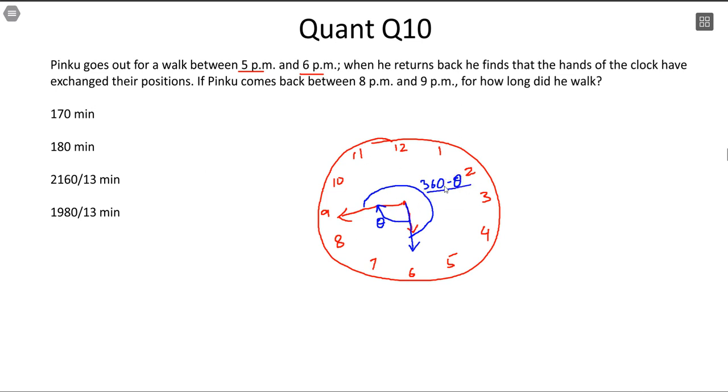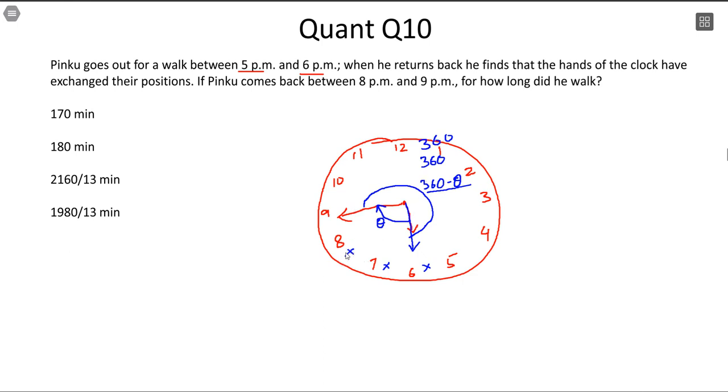But see, this is not the precise distance traveled by the minute hand, because it would complete one round, 360. It would complete another round. See, from 5 to 6, in this, wherever it was, this point, say initially the hour hand was pointing here. When it got here, the minute hand has completed one round.